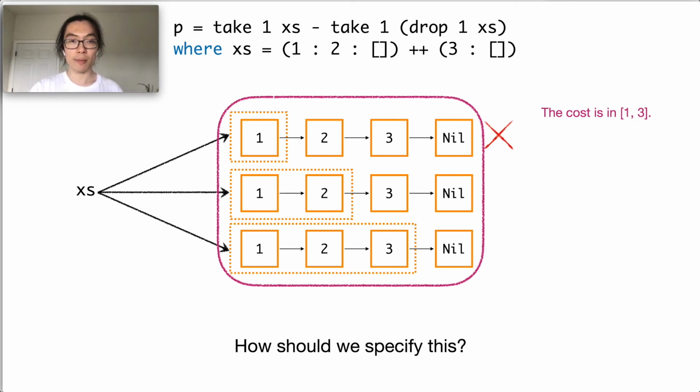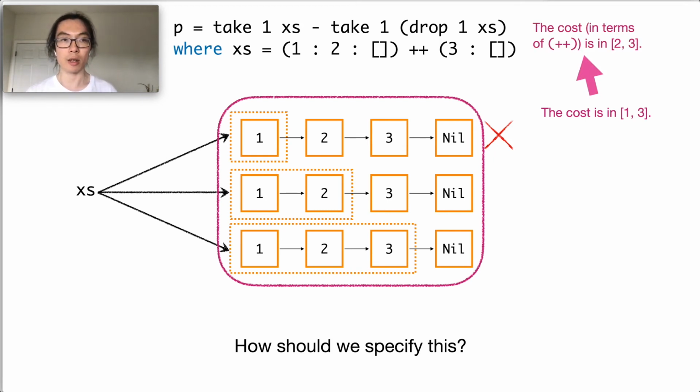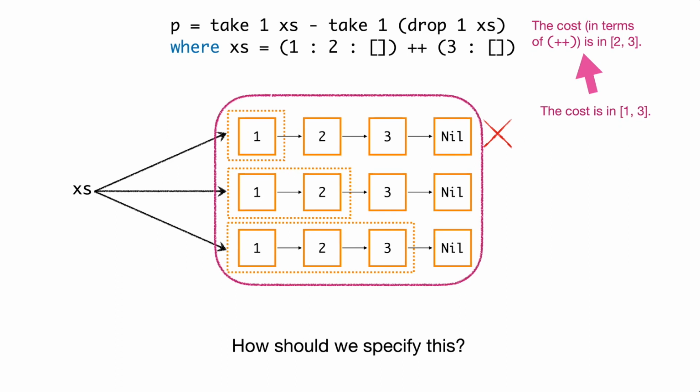So we can eliminate the first possibility, and then we conclude that the cost of p in terms of append is in the range of 2 and 3. But the function p never requires the third cell of the list xs, so the cost should never be 3. In this case, our specification failed to give us a fine upper bound for the cost of p.